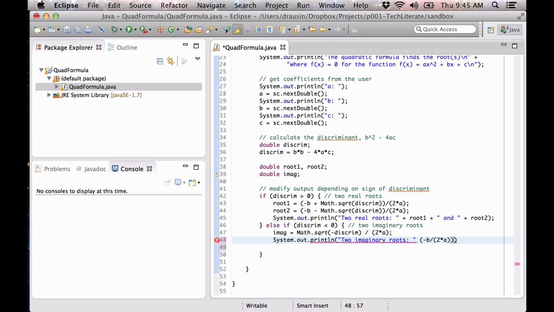And it's actually the quantity negative b, okay, so there's that. And this is going to be, now we're going to say plus, and just because we're plussing and minus the same thing, we're just going to go like that. And then we're going to print out our imaginary part.